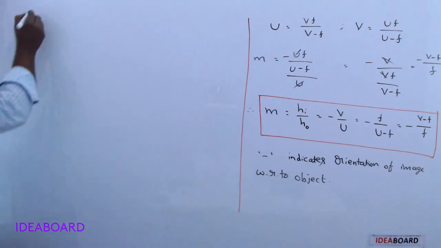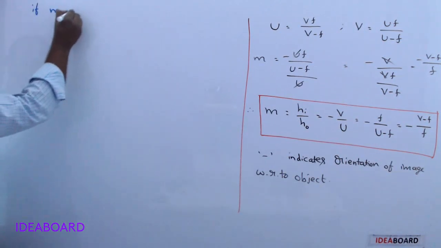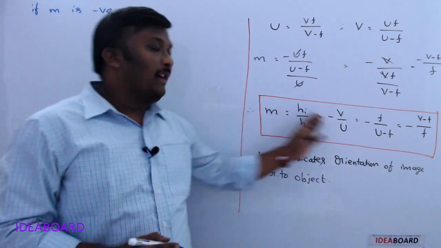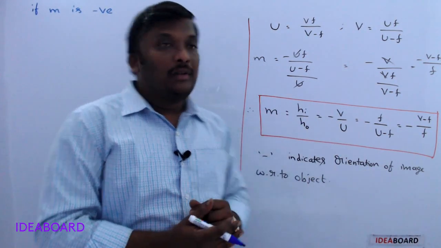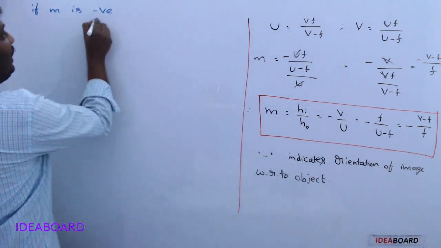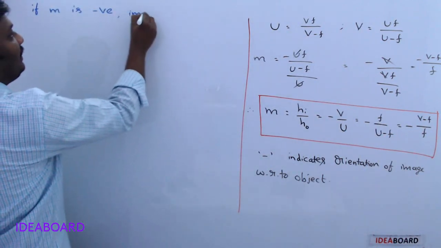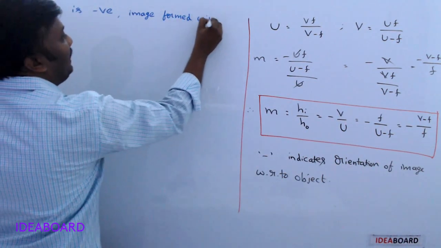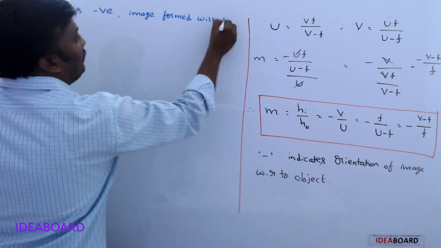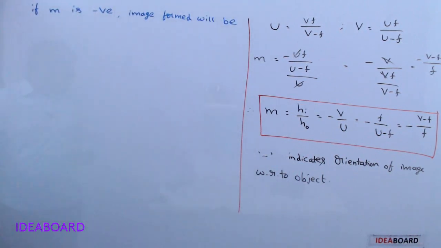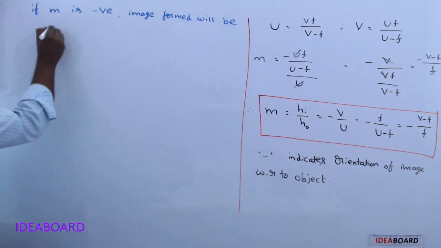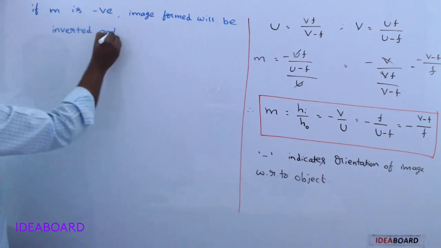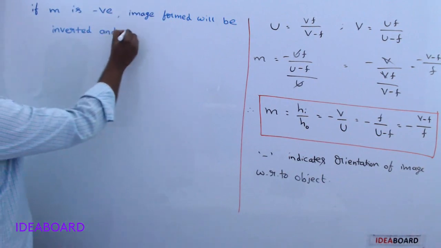Now, if the m value is negative, the m value that you got, negative, what is the meaning? The meaning of negative is the image formed will be inverted and real.